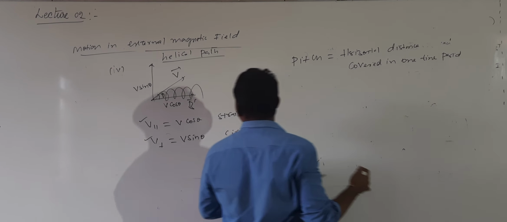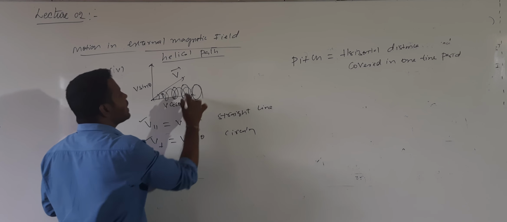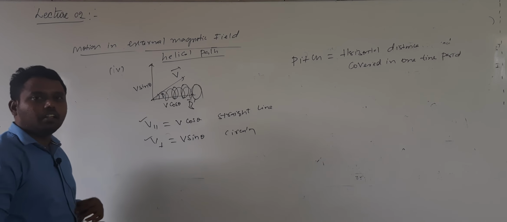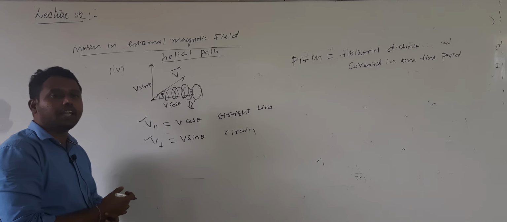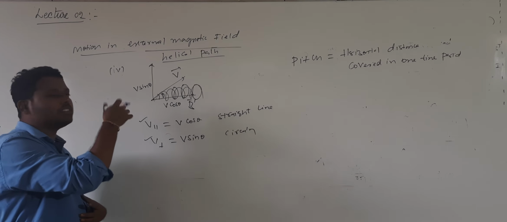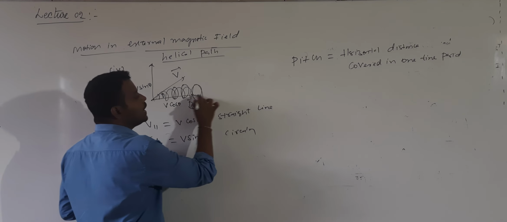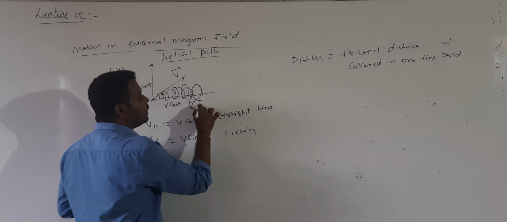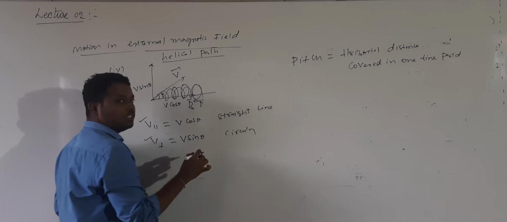Who makes the particle move in a circular path? V sin theta. Who makes it move in a straight line? V cos theta. For one time period the particle completes one rotation, and the horizontal distance travelled in that time is called the pitch.